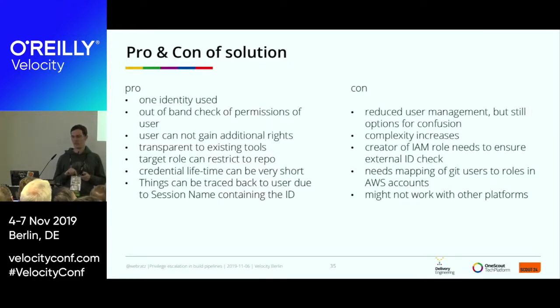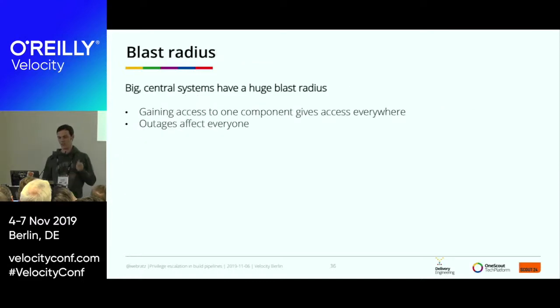Okay, so what else? We talked about the blast radius before. We have this one huge big system that has probably access to all the targets. And also, if it breaks, everyone is affected. And what's the worst thing during an outage? You cannot even deploy and fix the problem.